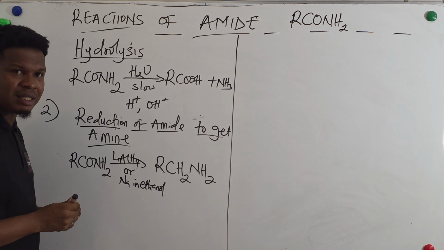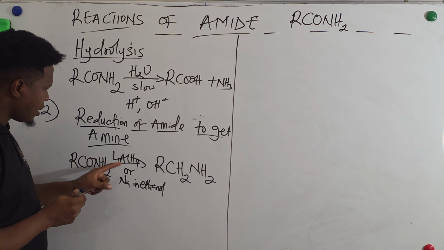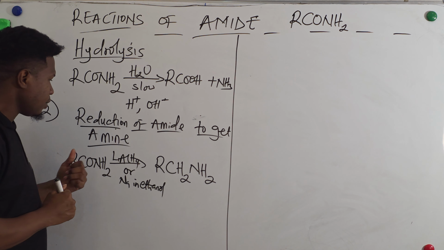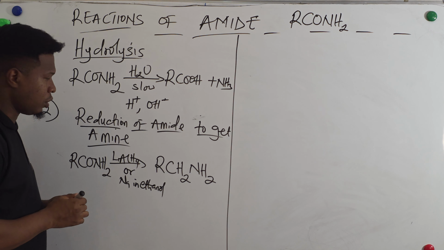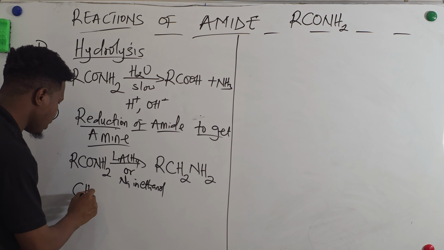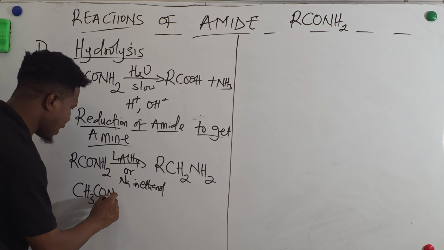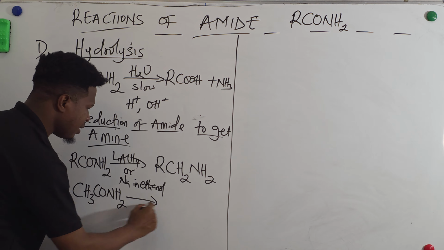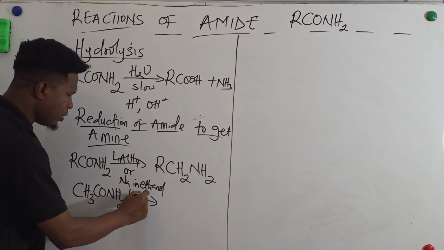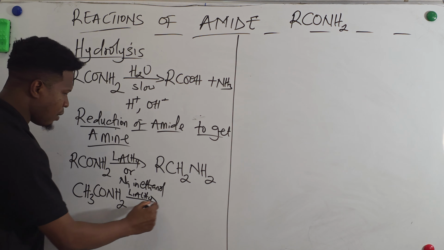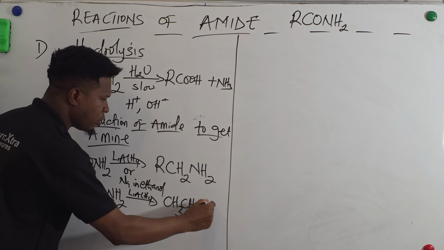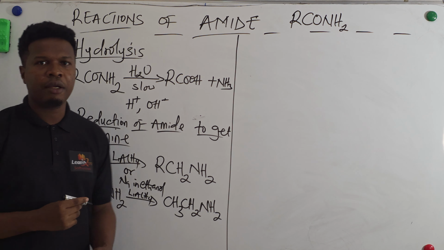What I simply did is remove the oxygen and replace it with hydrogen. That is simple reduction. For example, if I use ethanamide and any of the reducing agents here, I will have ethylamine. Ethylamine will be the product of this reaction.